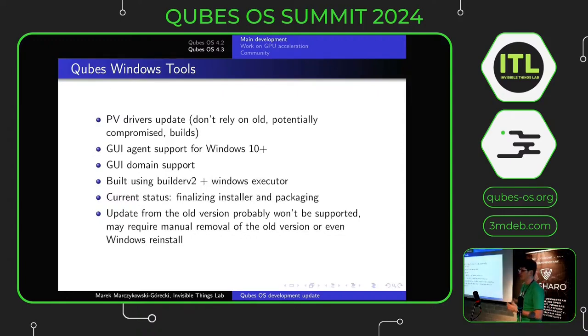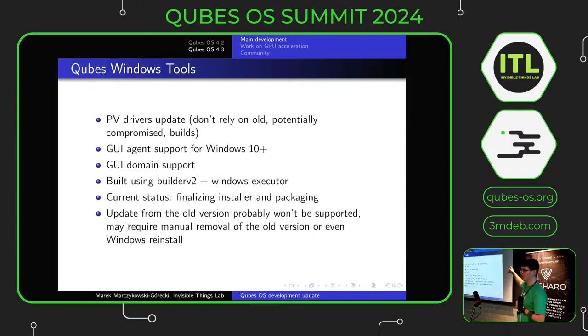So there are more improvements to user-visible features, but also some for developers. Especially this is using the new Qubes Builder, and the new Qubes Builder has a concept of an executor. So what is actually used for building? You can use a disposable cube, you can use a Docker image, but we discovered that it's not that hard to also have a disposable Windows cube for building Windows stuff.